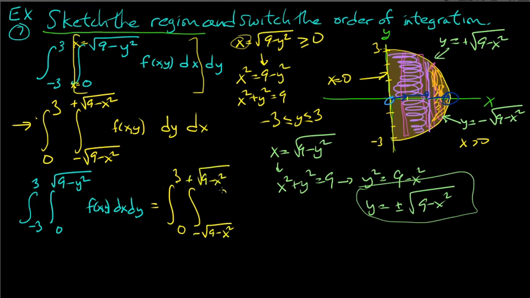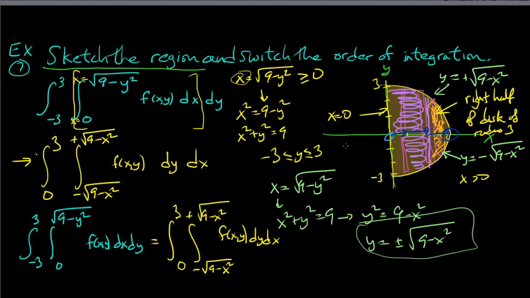And we know we get the same thing simply because it's the same volume, because it's over the same region. It's the same surface, F, and it's the same region in the xy plane, right? The right half of the circle. I call it a circle. I should say it's the disk, right? So this is the right half of the disk. The disk of radius 3. Sorry. So, yeah.